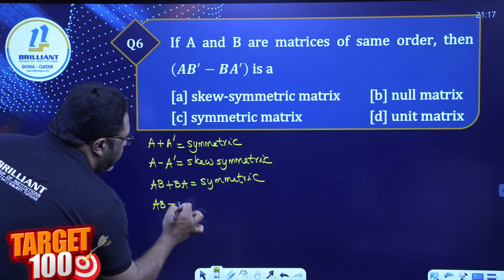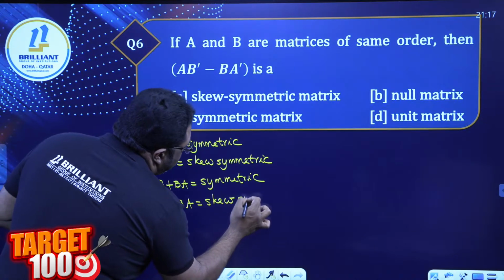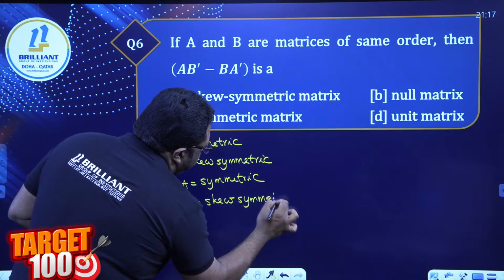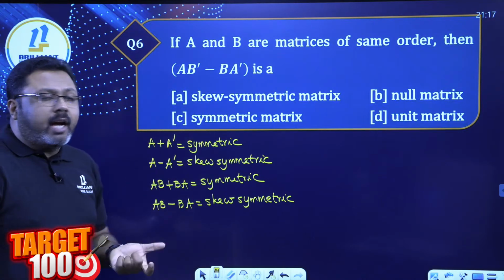AB minus BA is always skew-symmetric. I have given you four of them now.